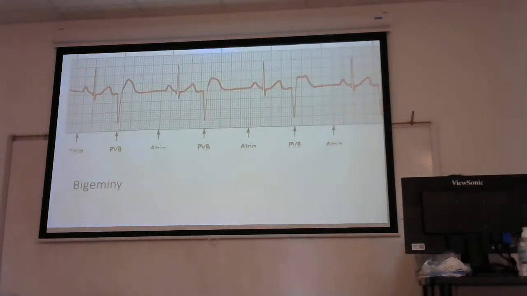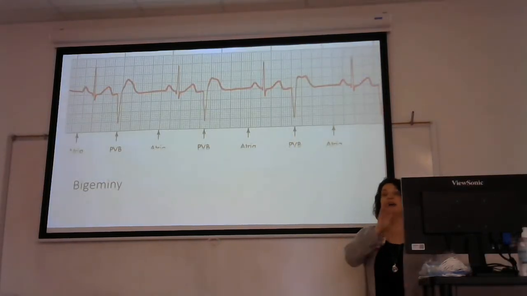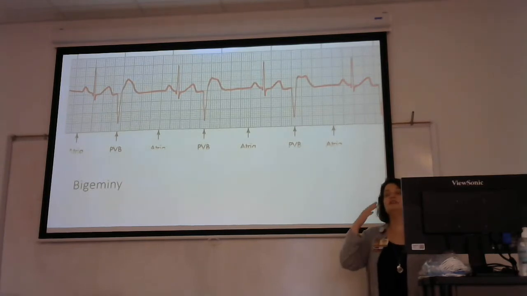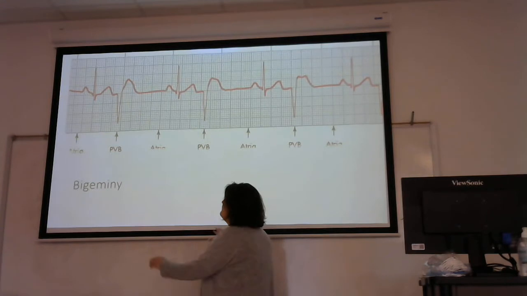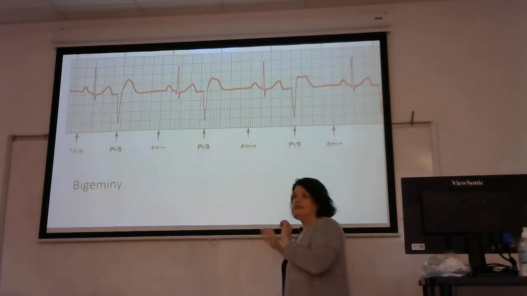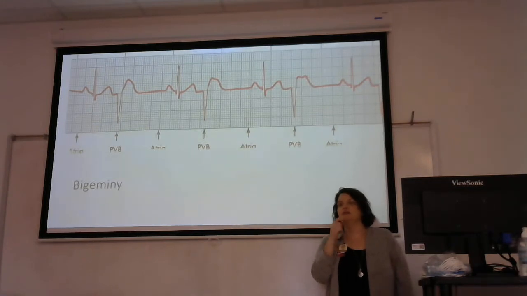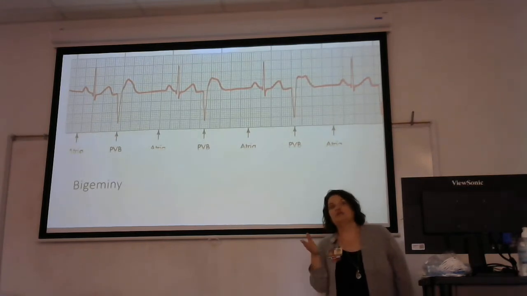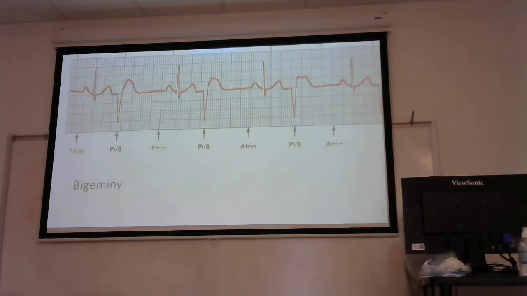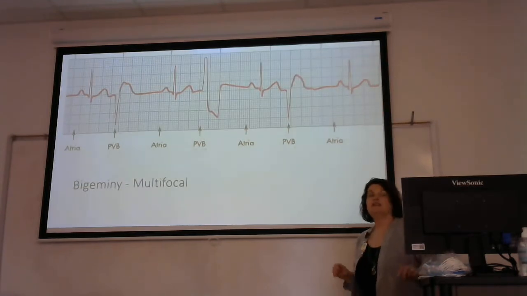Here's another great example. Look right here. This is called bigeminy. Bigeminy is every other beat is a PVC. Do you see how every other one is a PVC? Now, tell me, is this unifocal or multifocal? Uniform. Yeah, unifocal. Okay, now look at this one. This is multifocal.